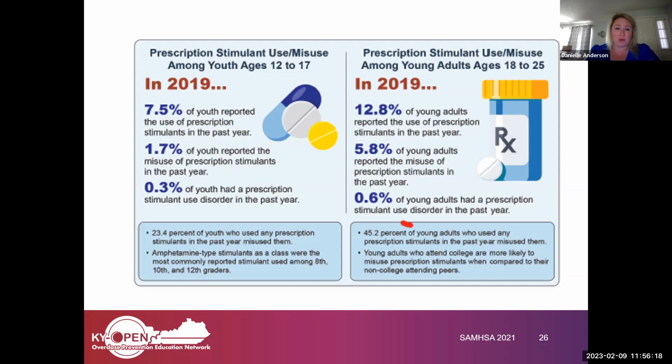That's a much higher proportion than in the 12 to 17 range. Young adults who attended college are more likely to misuse prescription stimulants when compared to their non-college peers. And I think someone brought that up in one of the next questions.